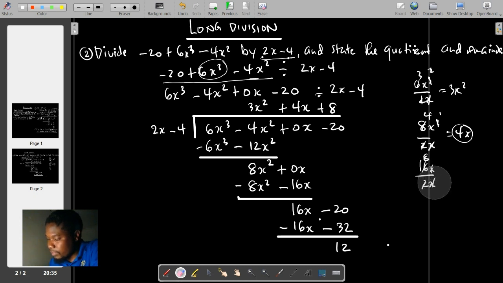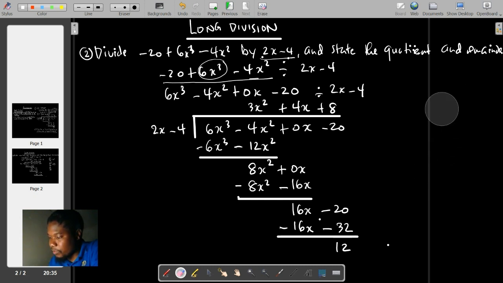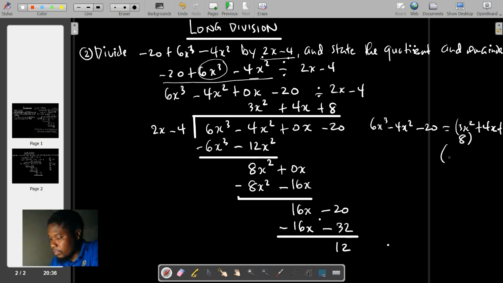Now, these things I was writing here, I'm rubbing off now. You don't have to indicate it. I was just showing you as we were calculating. Now, the answer, we'll write it like this: 6x to the power 3 minus 4x squared minus 20 is equal to 3x squared plus 4x plus 8 multiplied by 2x minus 4.